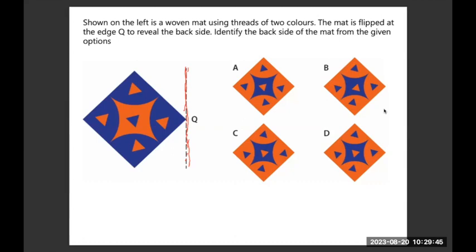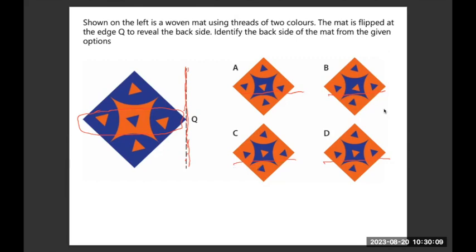In this case, if you just take that much part, why I'm taking that much part is also because that part is different in all the options. If I look at all the options, that part is different.